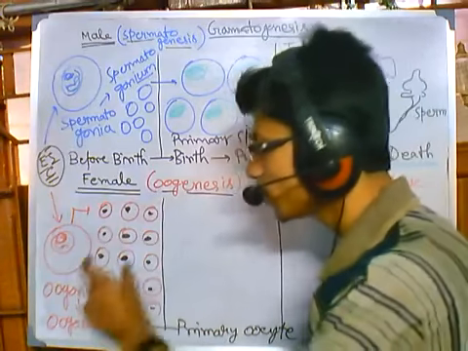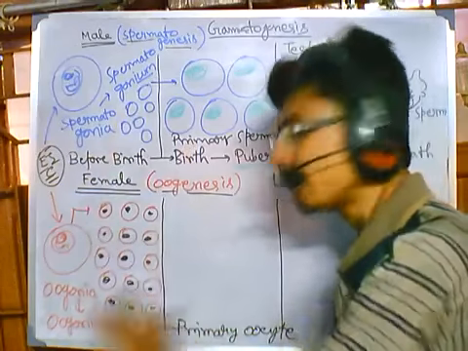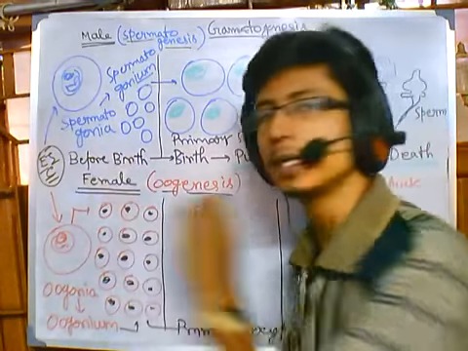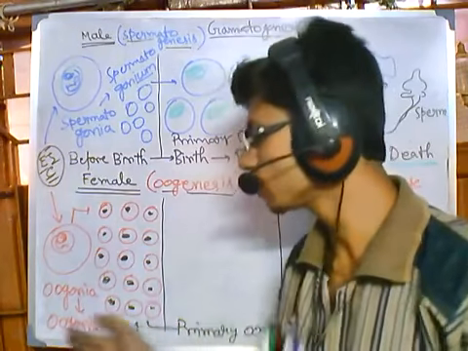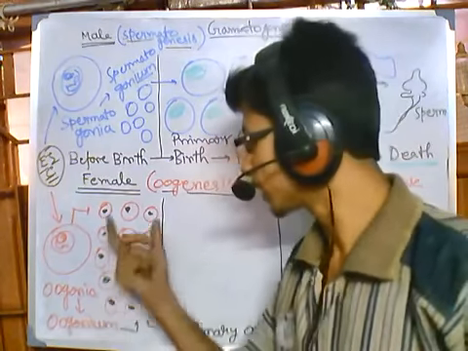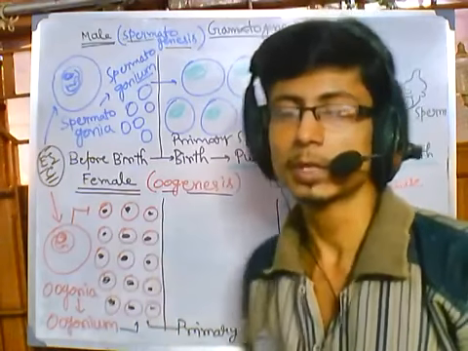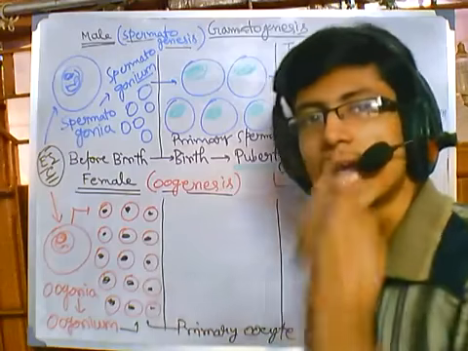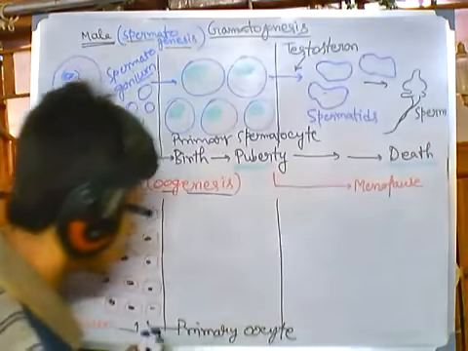So the primary oocyte that is developed before the birth is everything, a treasure for the female reproductive system, because after the birth no further oogonium will be produced and no further primary oocyte will be produced, because after birth this primary oocyte will have a meiotic arrest.